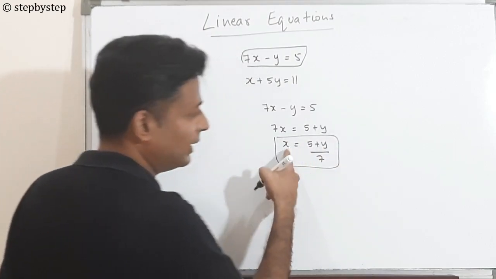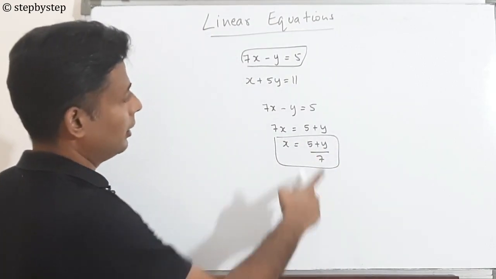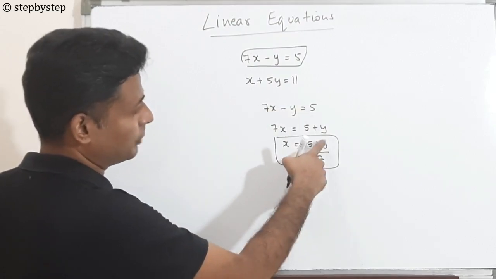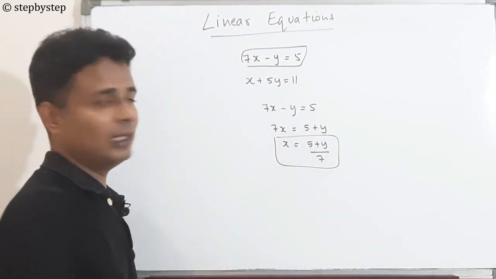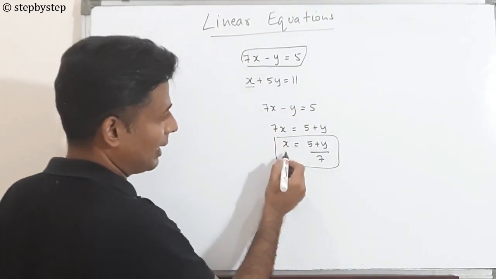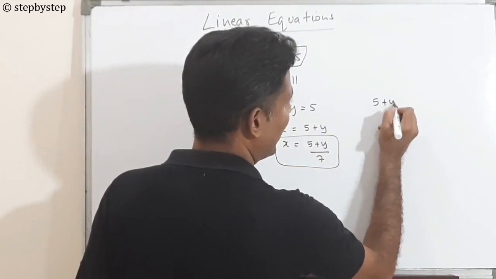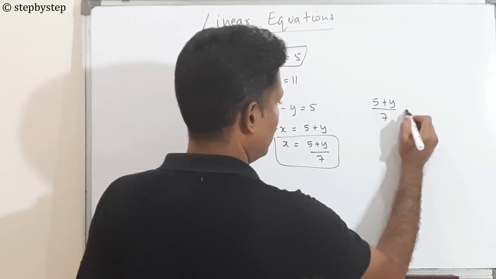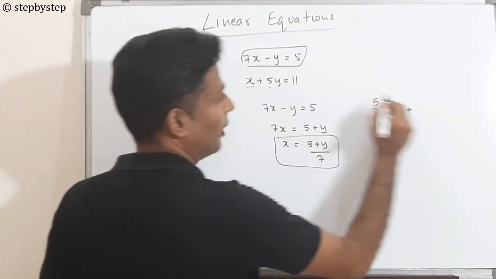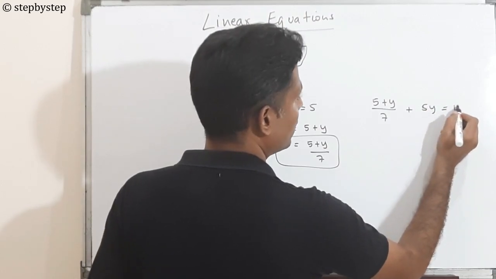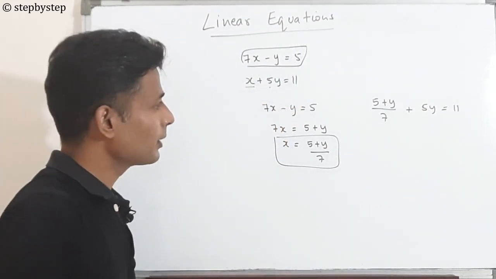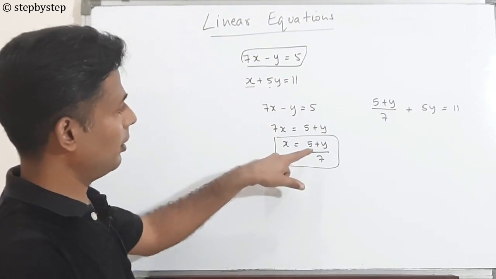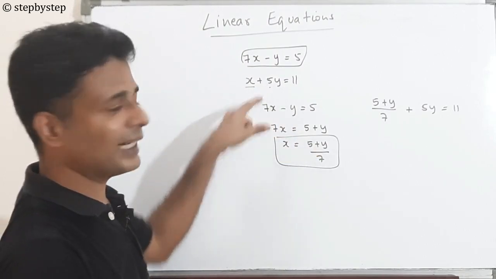So I got x in terms of y. Now I'll substitute this in the second equation. Instead of x, I'll write (5 plus y) by 7 plus 5y equal to 11. So I substituted x in terms of y in the second equation.